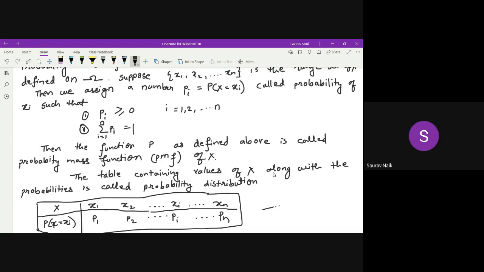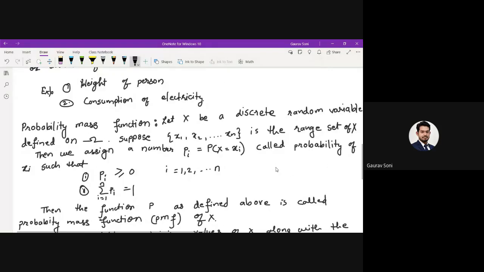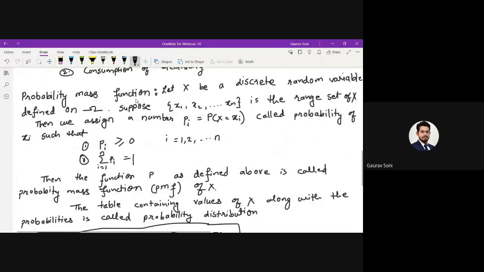Well, probability mass function, the word itself says that it is a function. It takes the input from the range set. It is a function from the range set to the interval 0 to 1.